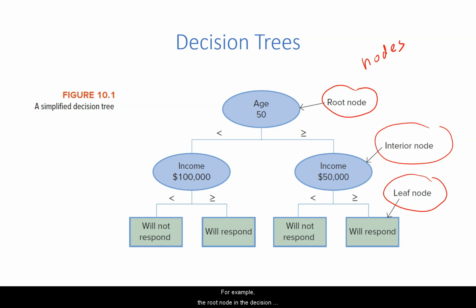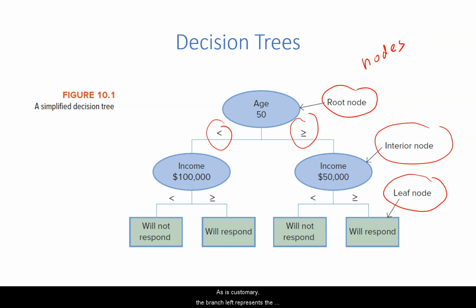For example, the root node in the decision tree here suggests that if age is less than 50, then move on to the branch left. And if age is greater than or equal to 50, then move on to the branch right.